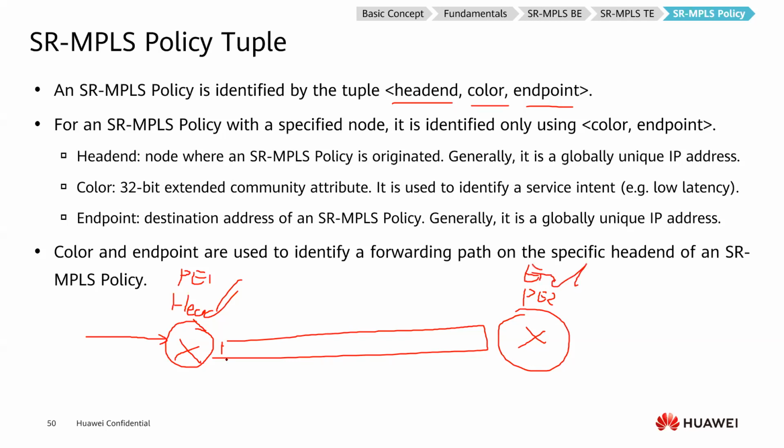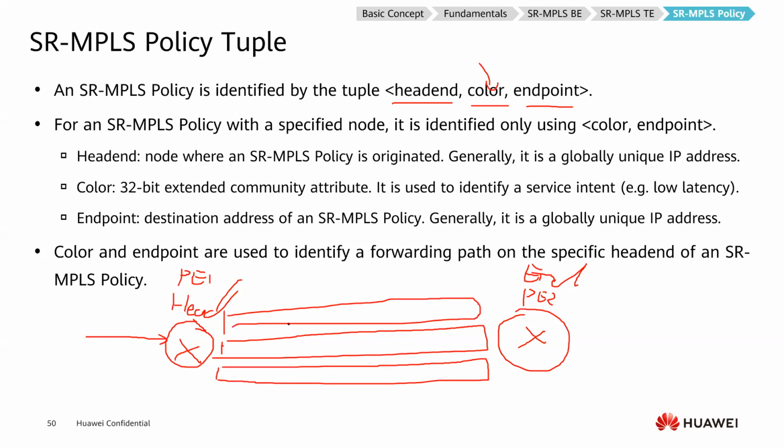So head and end, then with the color: we may have a lot of tunnels between them, each with a different color. This color is basically just a number, for example 10, 12, 14. That's all.